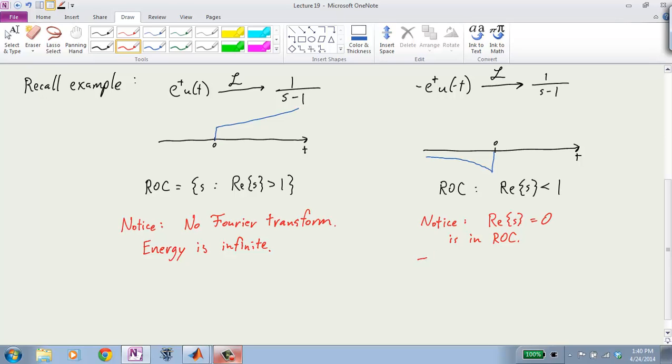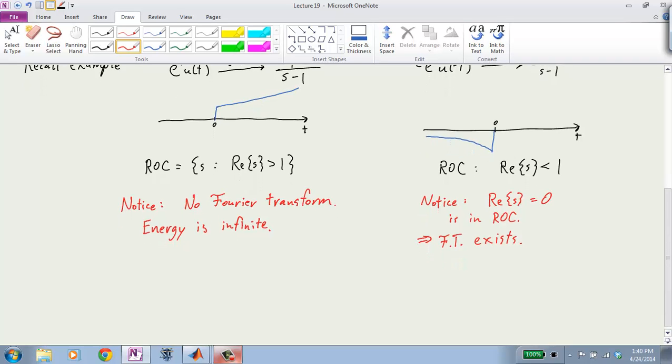Now, that implies that the Fourier transform exists. Because if you recall, we related the Laplace transform to the Fourier transform, and if the real part of s is 0, it is exactly the Fourier transform. Okay, and we'll review that in a minute.